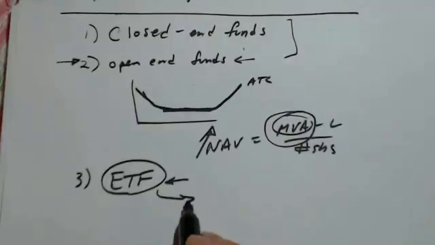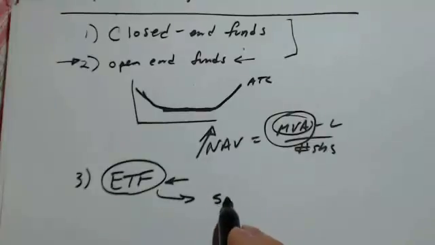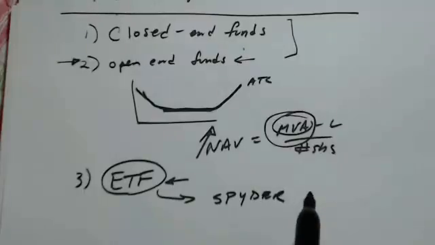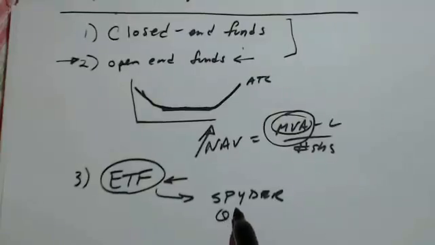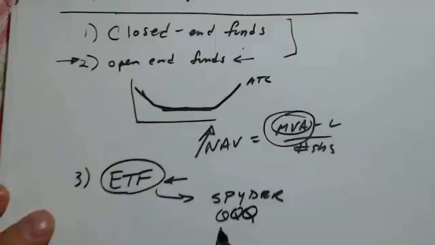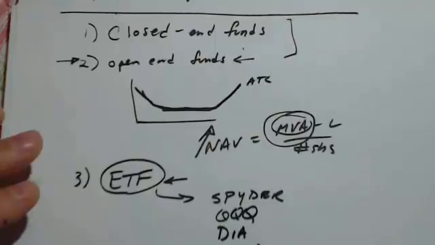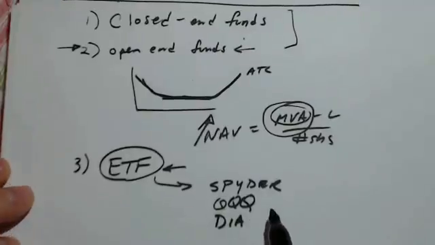So you've got the SPDR, ETFs that track the S&P 500. You have the QQQ, which tracks the NASDAQ index, and you've got Diamonds, for example, that track the Dow Jones Industrial Average. So they've got some nice names to them.